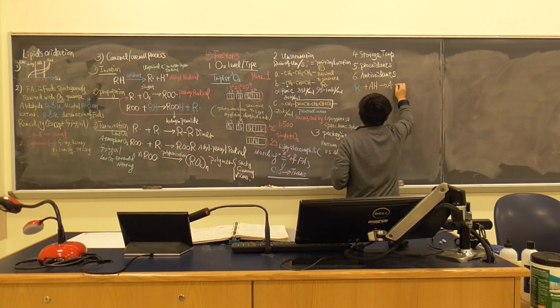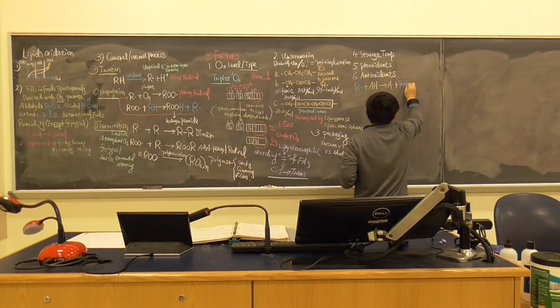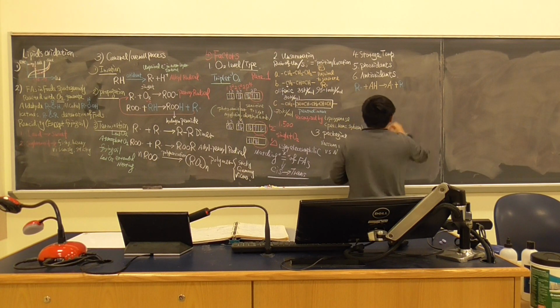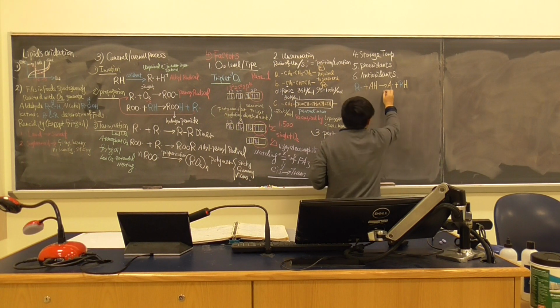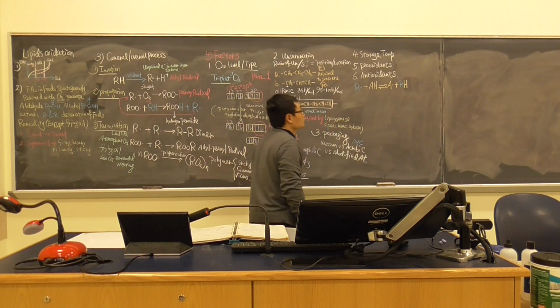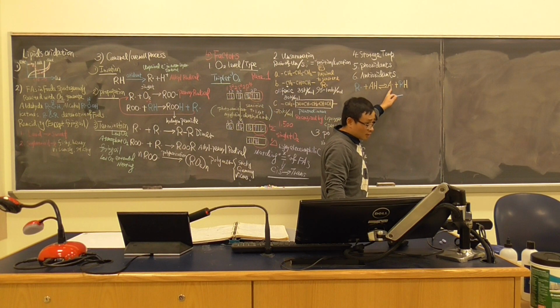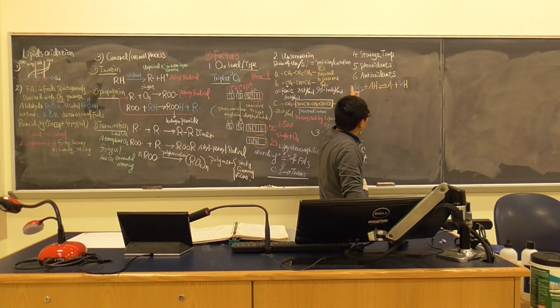This will be released, and this will become OH. So basically, this free radical goes back. Okay, but be careful. This is a reverse. So what this means, you cannot add too many antioxidants. If you add too many antioxidants, the reaction will go opposite.